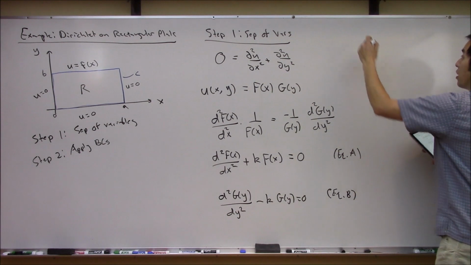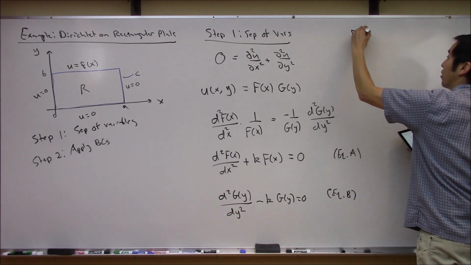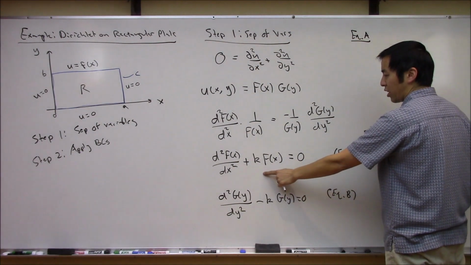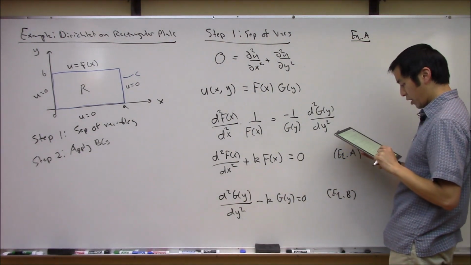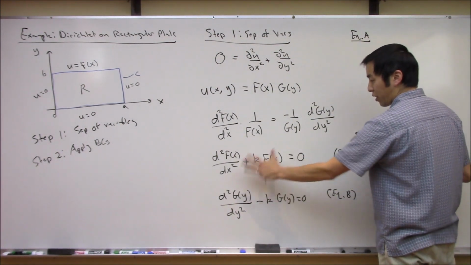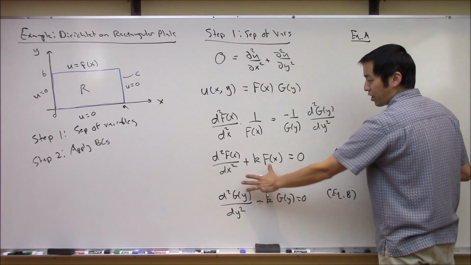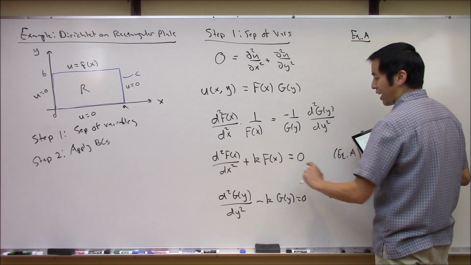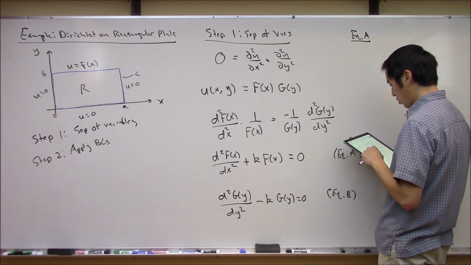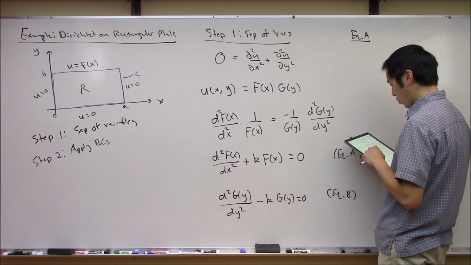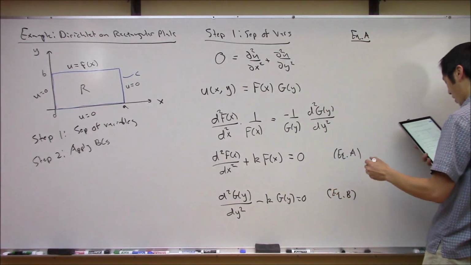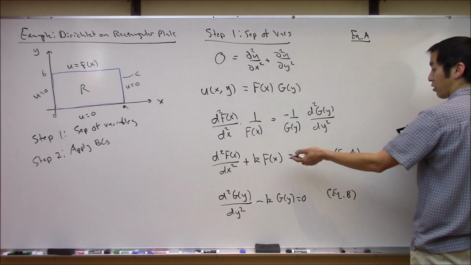All right, so let's deal with equation A first. Not a big problem. If you look at this again, it's pretty straightforward. This is basically an undamped oscillator again, as long as k is positive, which again I'll leave up to you to show. But anyway, this is an undamped oscillator, so we end up with solutions right off the bat.